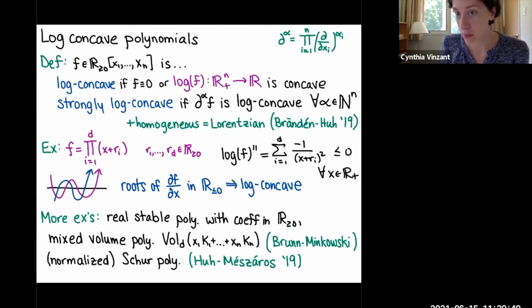Mixed volume polynomials of compact convex sets are strongly log-concave. And by recent work of Huh and Matherne, normalized Schur polynomials also have this property. So lots of polynomials that people care about, especially say in this audience, have this property.